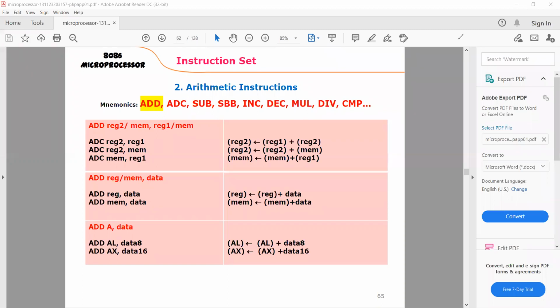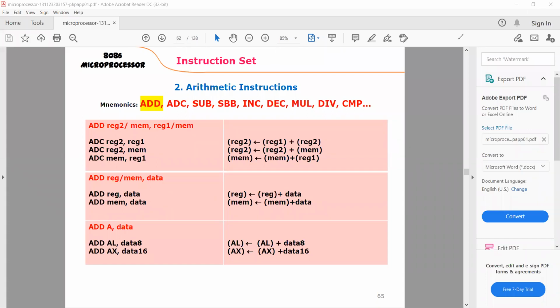As the name specifies, the instructions that fall under this category perform arithmetic operations. We all know the different arithmetic operations: addition, subtraction, increment, decrement, multiplication, division.